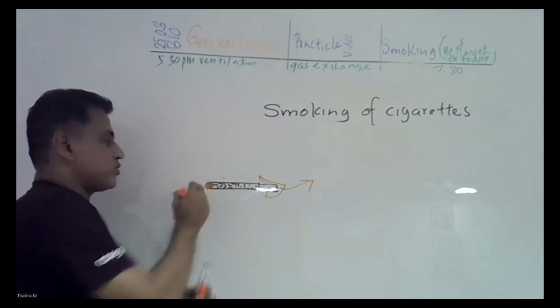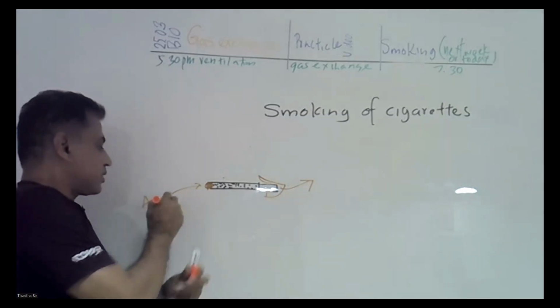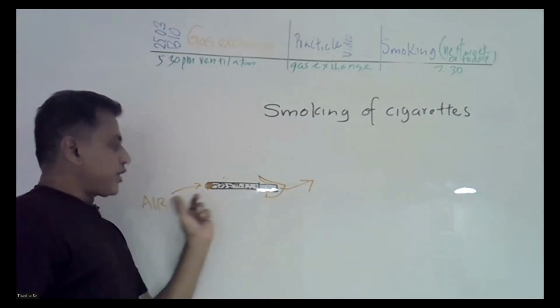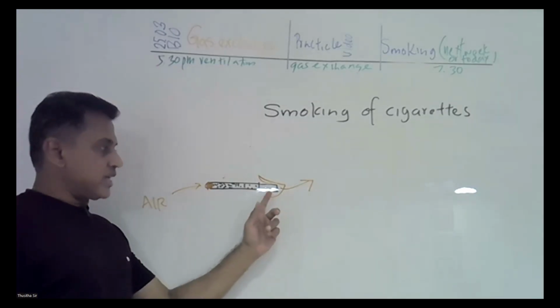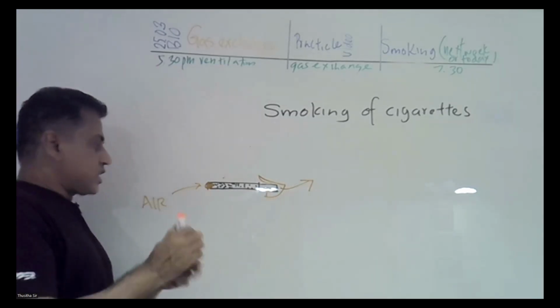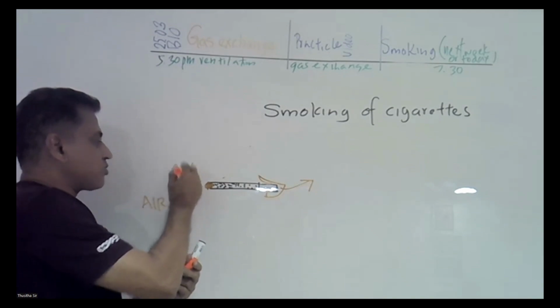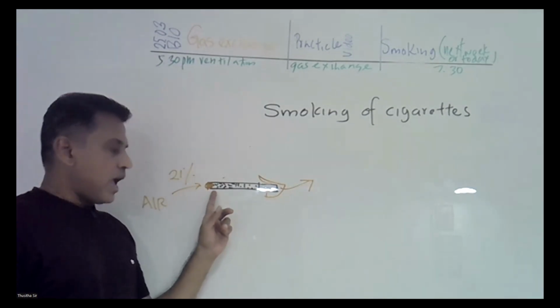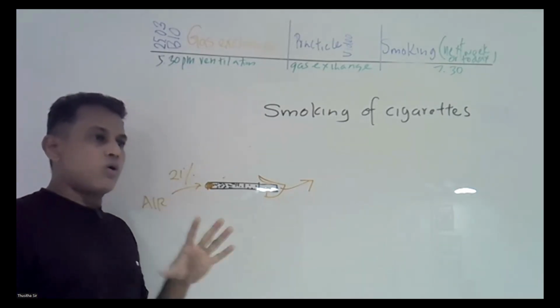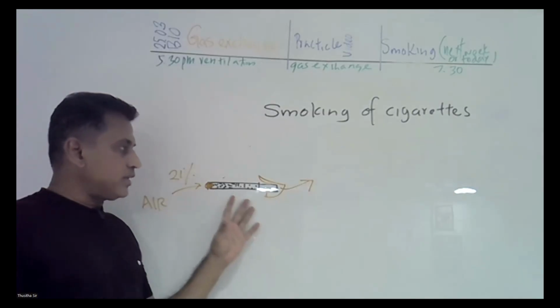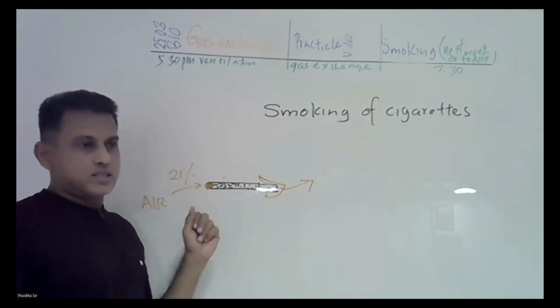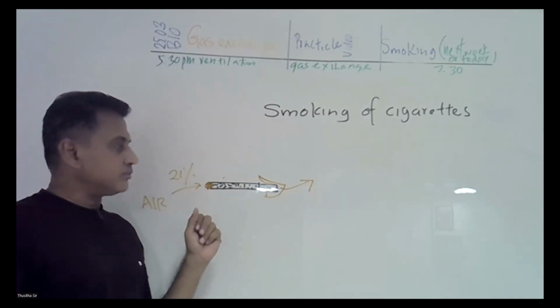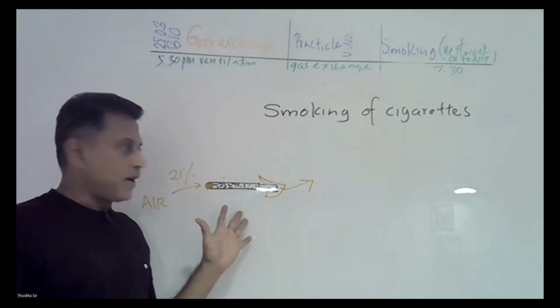The air is coming this way. When air goes through the cigarette, more oxygen comes, about 21% oxygen, and it keeps burning this end, burning the tobacco powder, and all the smoke from the tobacco powder goes directly into the lungs. So this is called smoking, right?